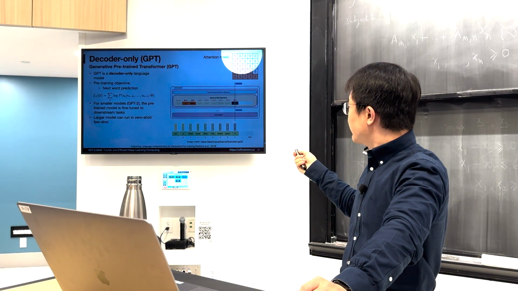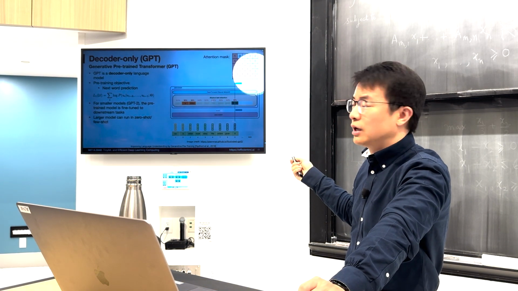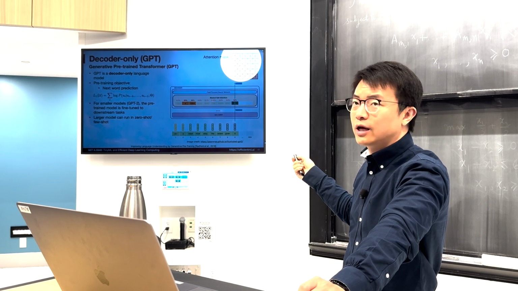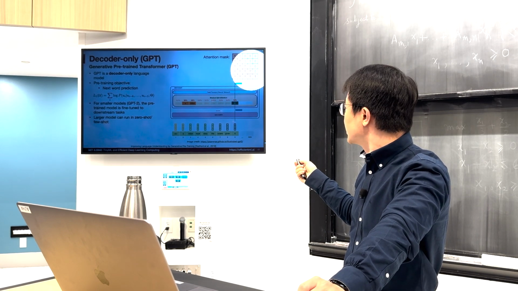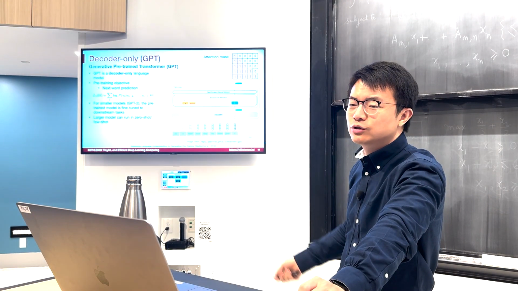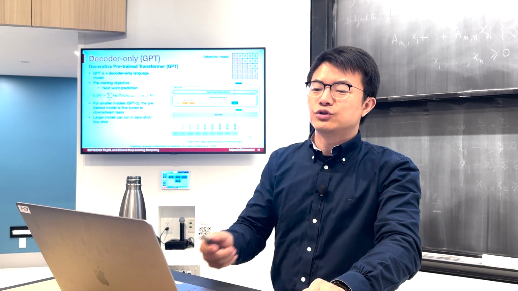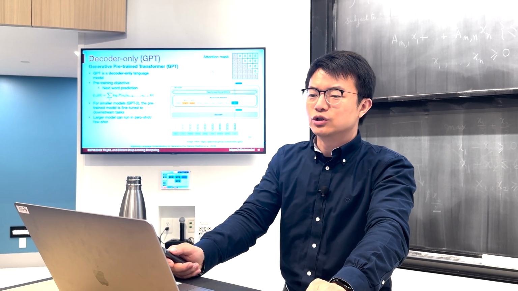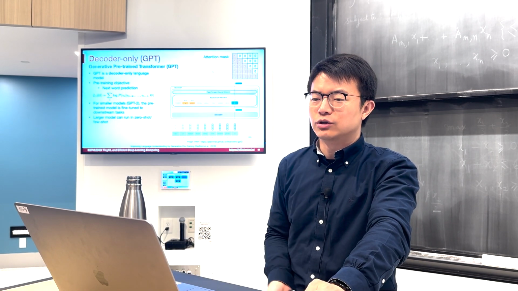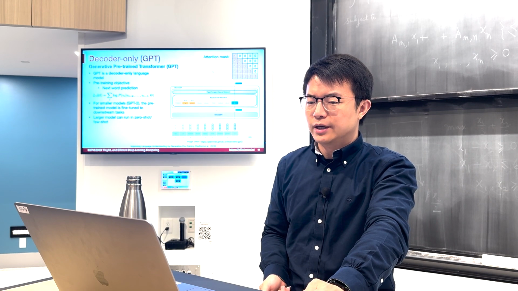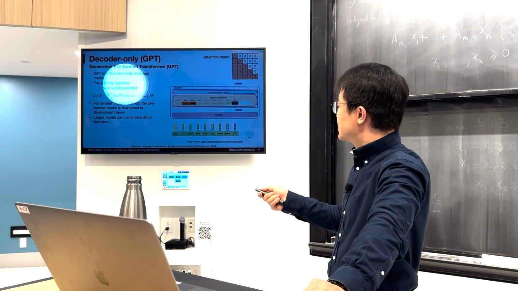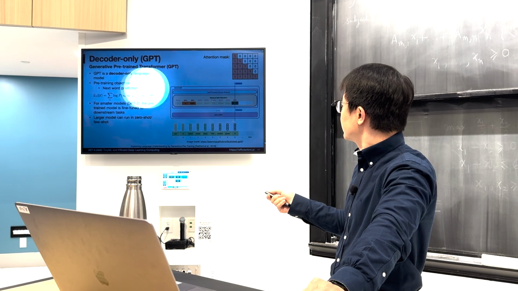For a decoder-only model, the attention mask is only half, only the lower triangle, since a token can only see the previous tokens, but not the future tokens. Okay? So GPT stands for Generative Pre-trained Transformer, and is a decoder-only language model. And the pre-training objective is next word prediction.